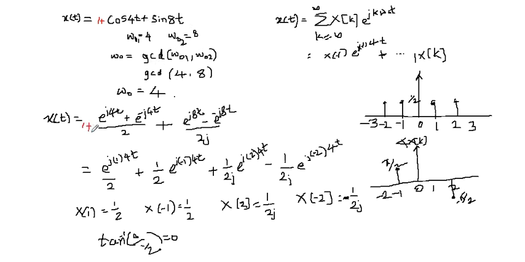We know that 1 can be written as e to the power j 0. Now to contribute it as 1, it has to be e to the power 0. So e to the power j 0.